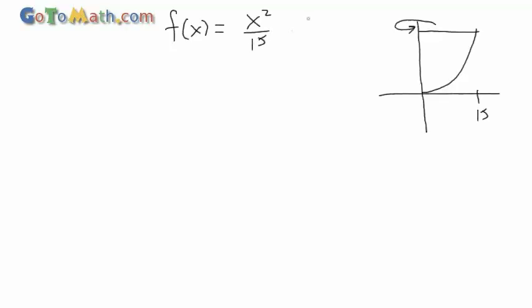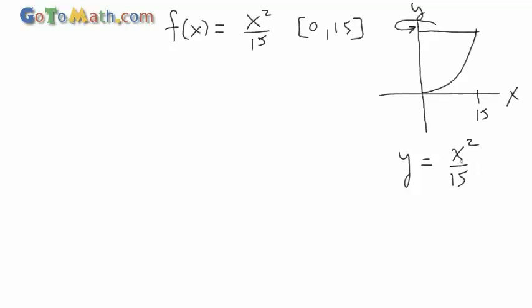Over 15, on the interval between 0 and 15. I'm going to write this as y is equal to x squared over 15. Now this is our y-axis, of course, and this is our x-axis. Now we're going to be integrating with respect to y.